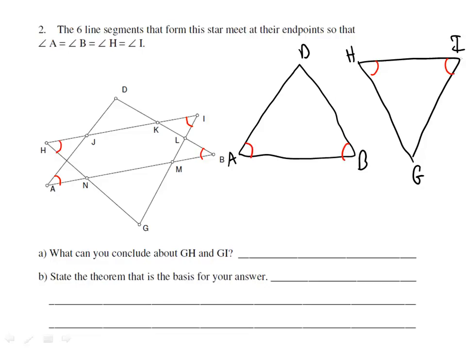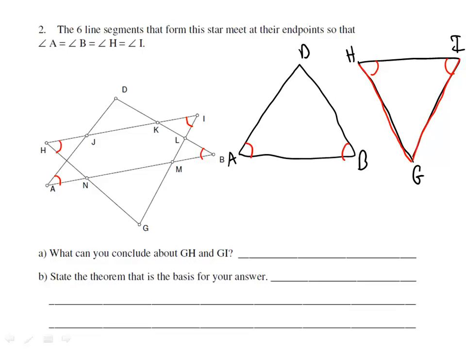Alright, now we're ready to do something here. What can you conclude about GH and GI? You notice that those are these two sides here. Now what this should bring to mind, in lesson 4-5, we had theorem 9 and 10 introduced, which have to do with the angles and sides in an isosceles triangle.